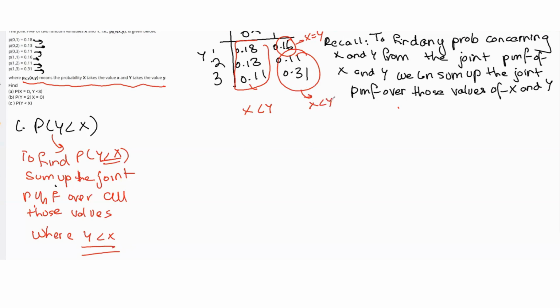So there's no such value in the joint PMF where y is less than x. So this probability that y is less than x is 0, right? Just remember that whenever we are finding any probability using a joint PMF of x and y, we just need to sum up the joint PMF over those values of x and y.